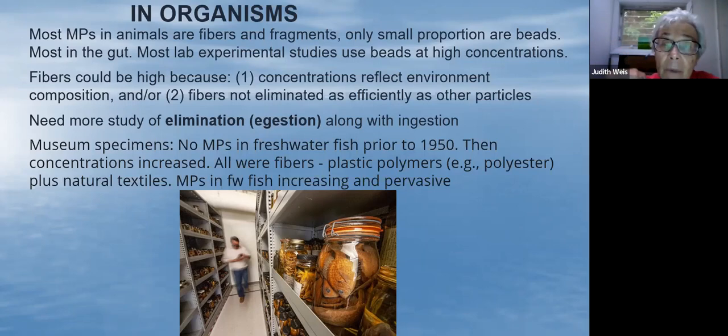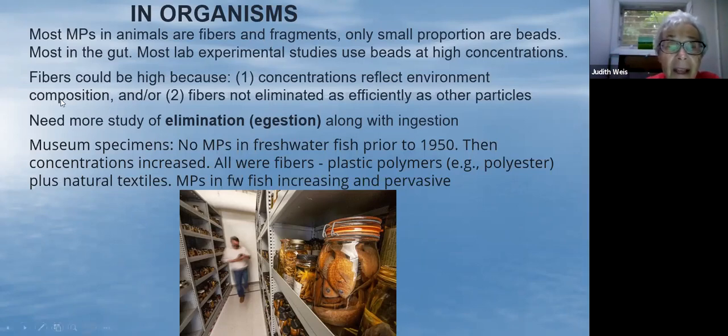So I say we need a lot more study about elimination, egestion, getting rid of these particles. We've had so many studies about ingestion, the animals are eating them, but let's look at the other end of the digestive system and see what proportion and how quickly they are eliminating them.